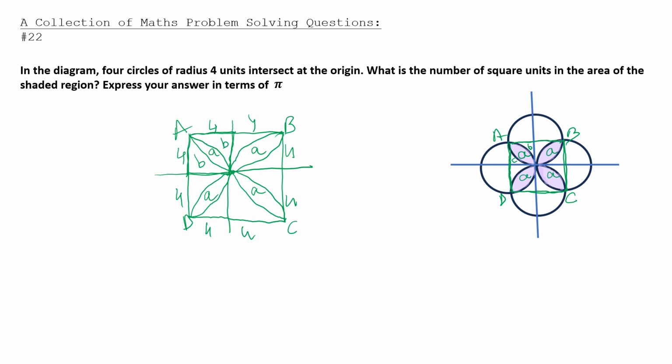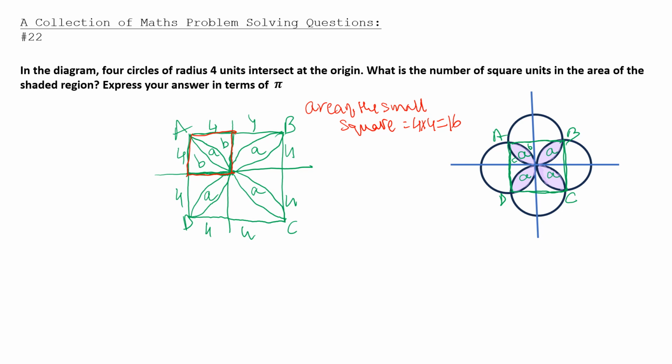So area of this square, if I say one of the small squares, equals 4 times 4, that is 16 square units.